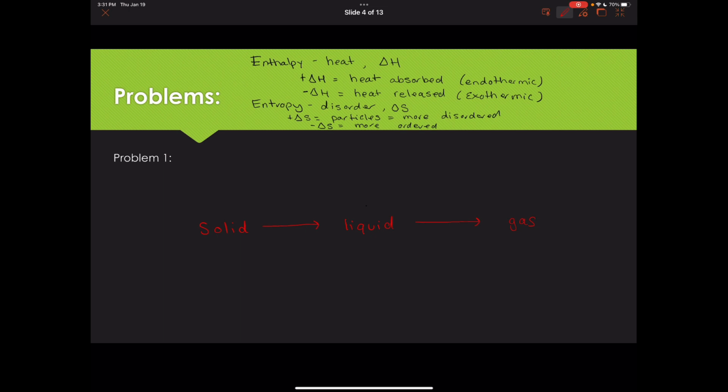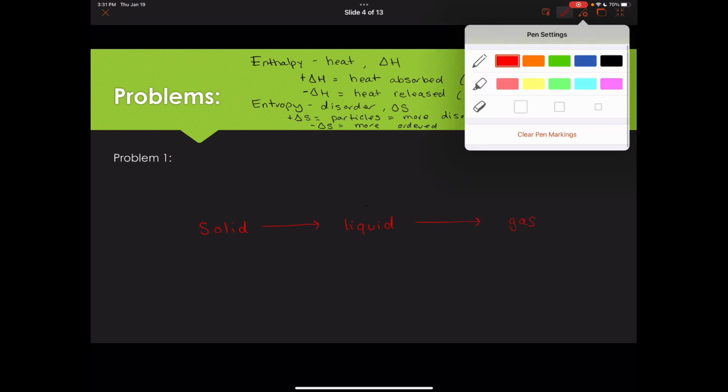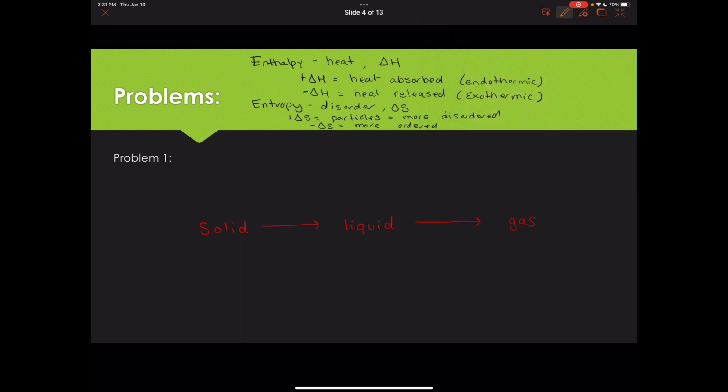As we go from solid to a liquid, this is something you're familiar with. You know that if you want to melt ice, you've got to heat it. Take an ice cube, you want it to melt, you're going to simply leave it out on the counter, it's going to melt. So going from a solid to a liquid, that requires that we supply energy. So we have to absorb energy. So that means we're going to have a positive delta H.